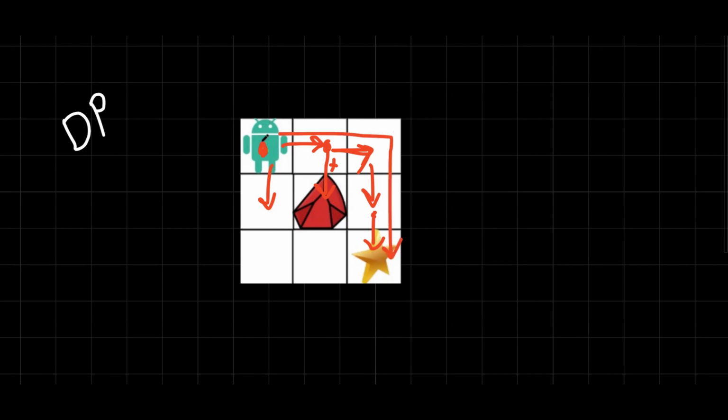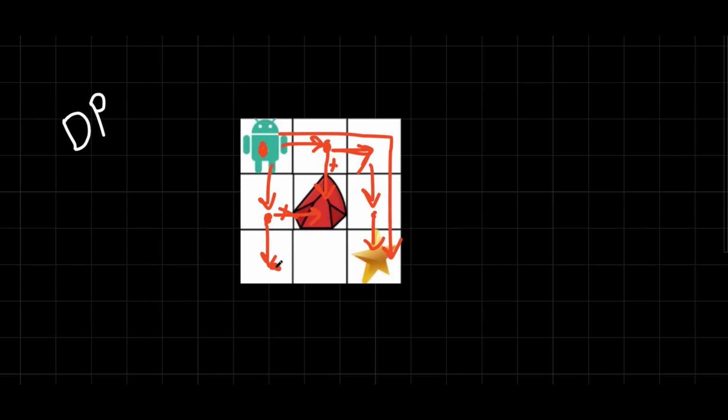Now again, suppose our robot is currently in this cell. Now from this cell, it can go either right or down. But wait, it cannot go right because the right cell has the obstacle. So it is not possible. That's why it is going to the downwards position.